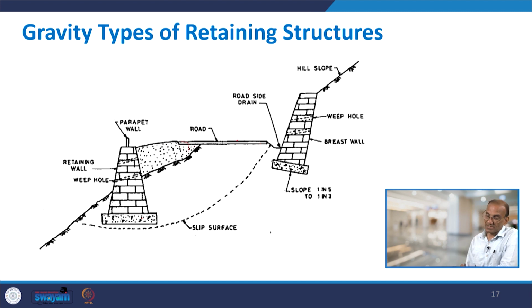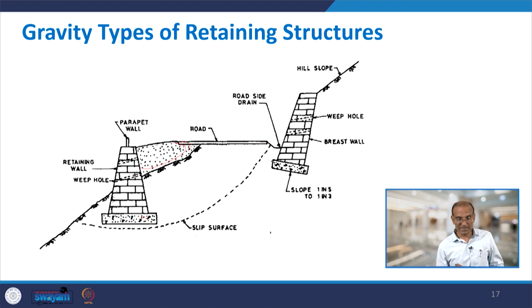Now, what will happen if I do not put a retaining wall? Whatever is filled artificially will again come down. So a retaining wall is put, and this retaining wall does not start from here, it goes quite deep and is quite massive. So the lateral earth pressure will not do anything, because the wall goes from up to down here.